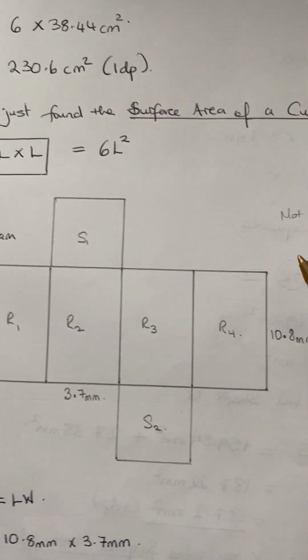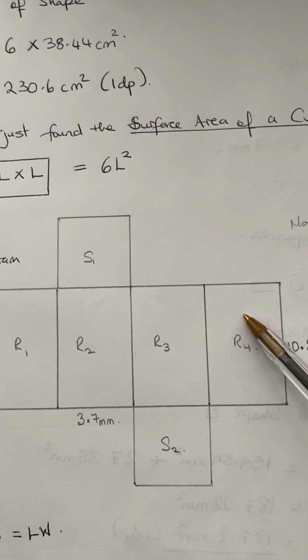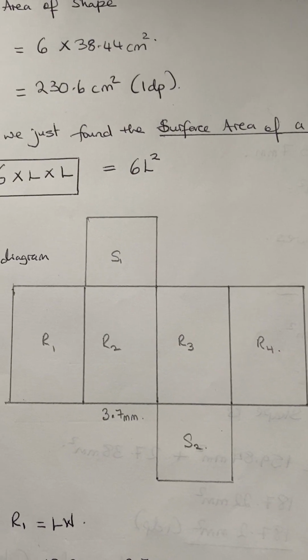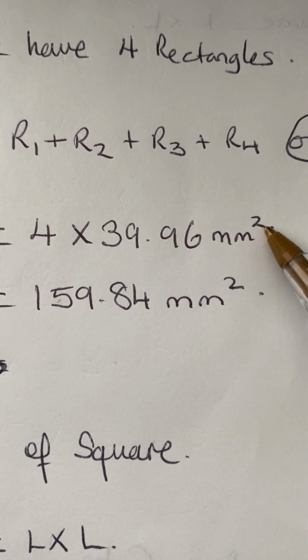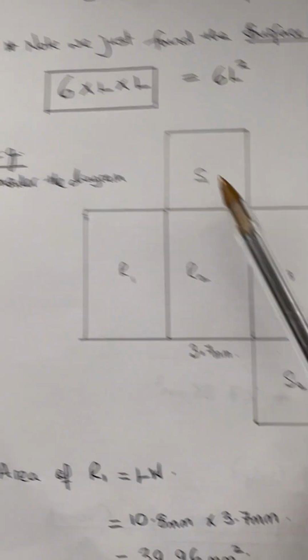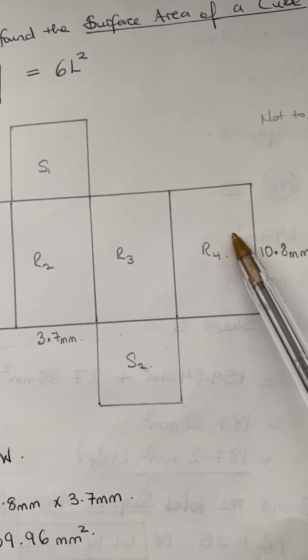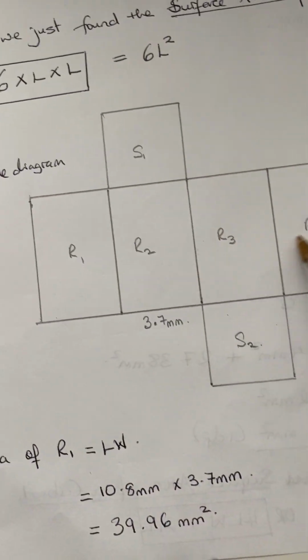Now, if you look at the shape again, you have 1, 2, 3, 4 rectangles. The area we just found, we are going to multiply by 4 to get the area of this side, this long strip here.